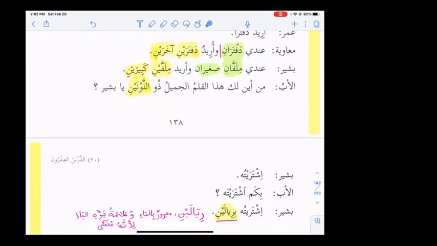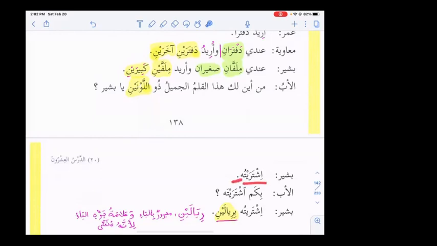Bashir says, "Ishtaraytuhu." Now, I am always thinking about how to explain all these new verbs to you. They are big words. They are not three-letter verbs. But I will try a little bit today to explain. Ishtaraytuhu. I bought it.